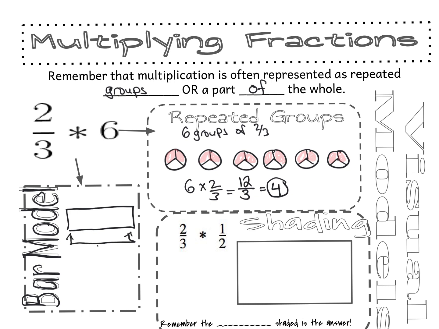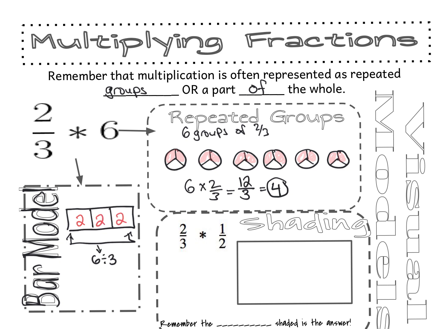So in this case, our bar is going to represent 6. Since my denominator is 3, I'm going to take my whole and cut it into 3 pieces. So I'm going to take that 6 and divide it by 3, which makes each of these pieces worth 2.